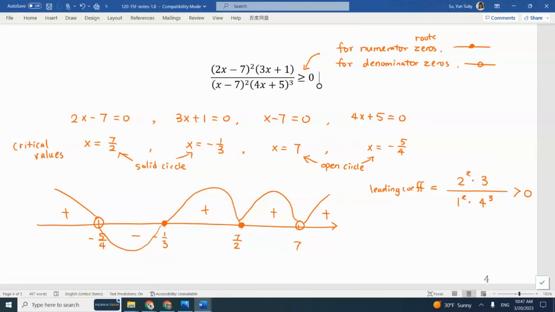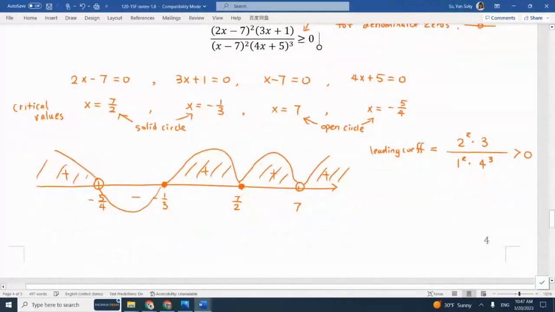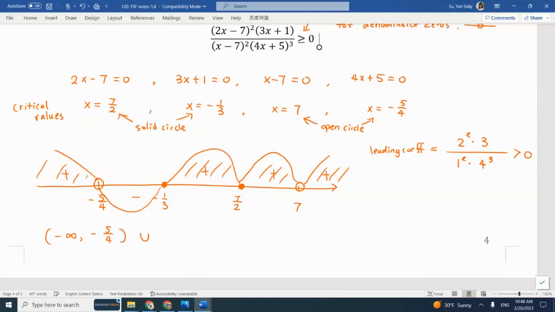We are looking for what? Greater or equal to 0, right? So that means all the parts above the line. Interval notation. Zach, what do you say? Negative infinity to negative 5/4. Parentheses or brackets? Parentheses, the open circle. Union, what? Parentheses or brackets?